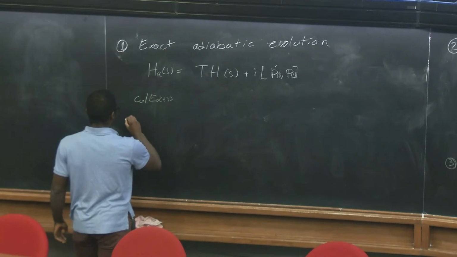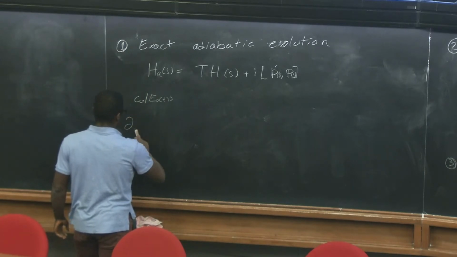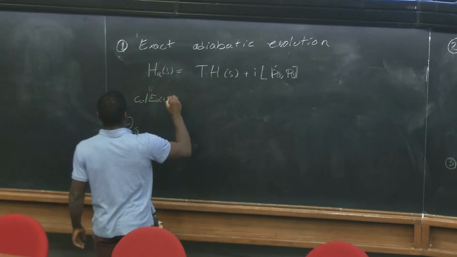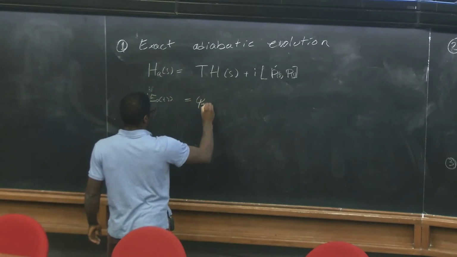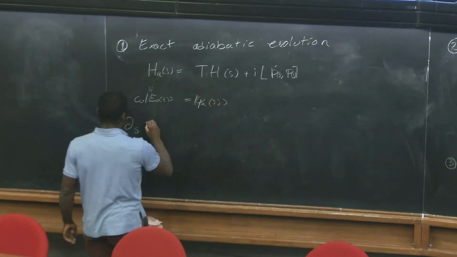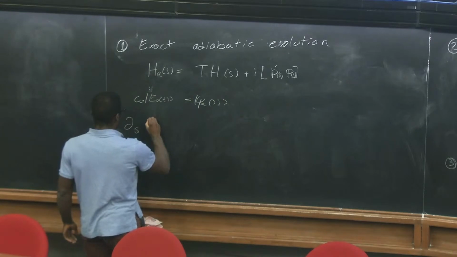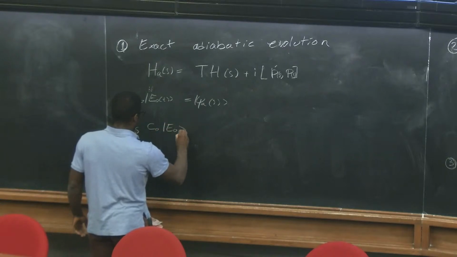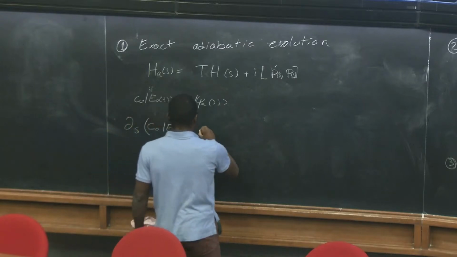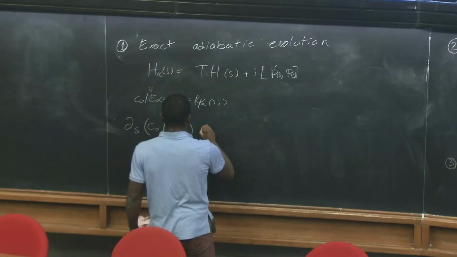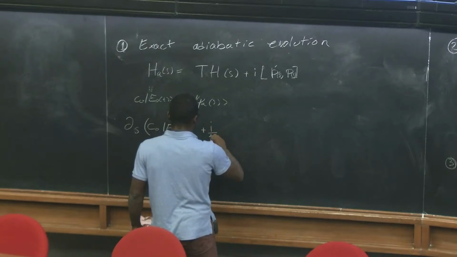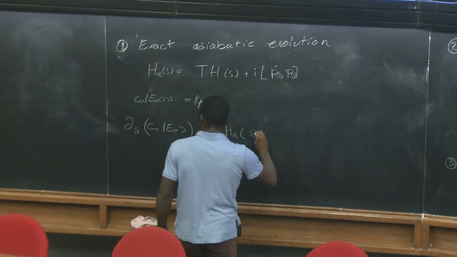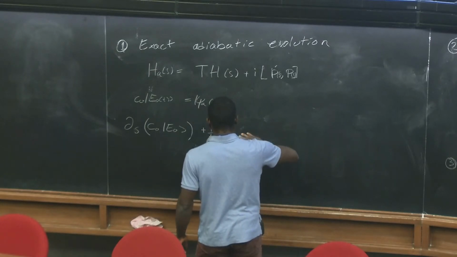This will satisfy the Schrödinger equation if we have that the derivative of the wave function, the state, should be plus the part due to the Hamiltonian. Okay, let's just keep the S out for consistency.